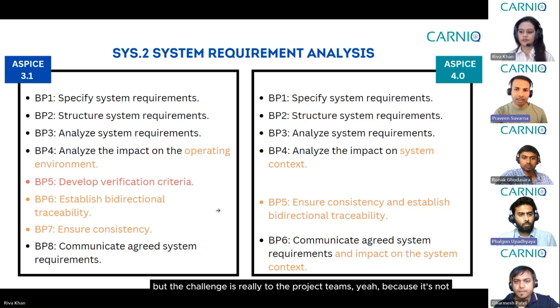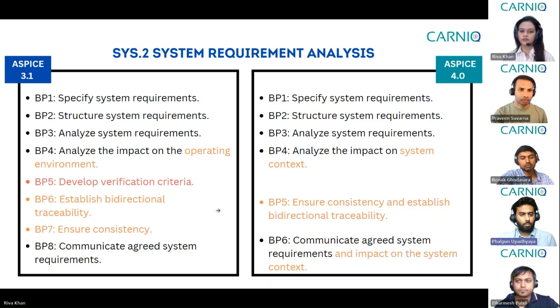But the challenge is really for the project teams, because it's not fun working as a part of the project team and trying to defend an assessment, because we have seen in the past two different assessors from the same organization rate the same evidence in two different ways. We have seen it in the past. Now, if the assessors are from two different companies, forget about it. We can't really expect them to rate in the same way.